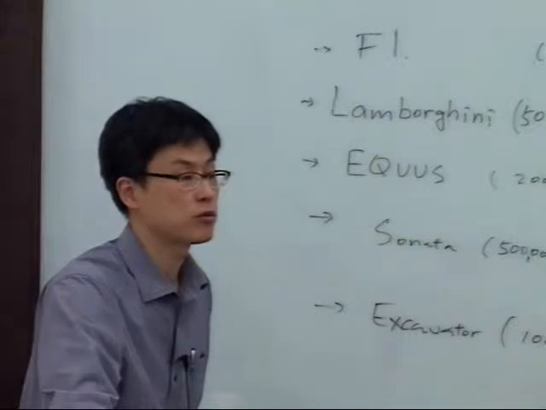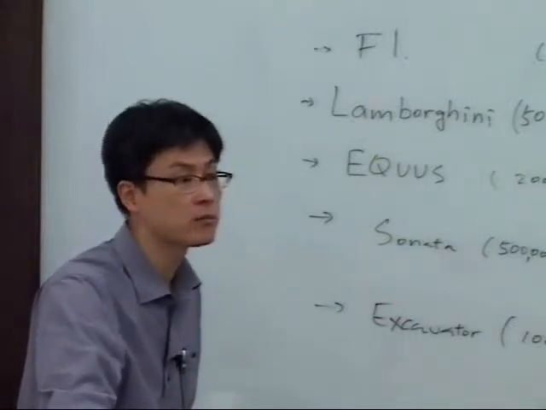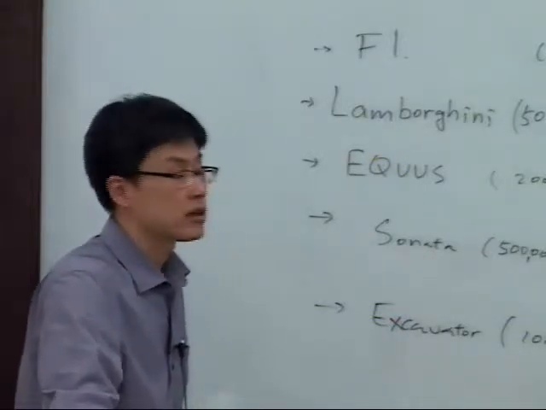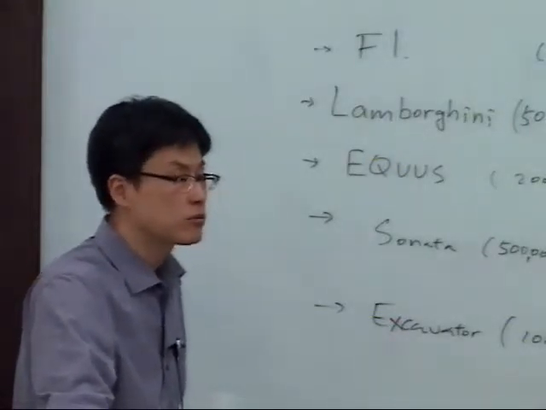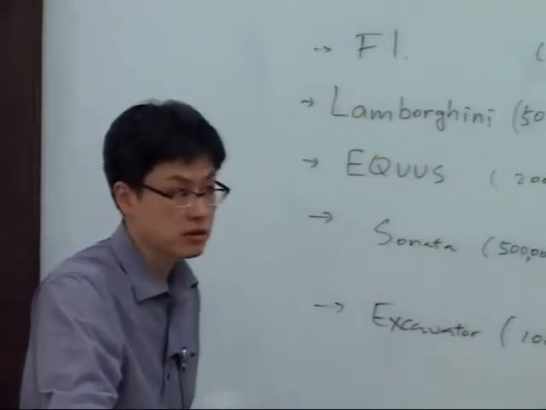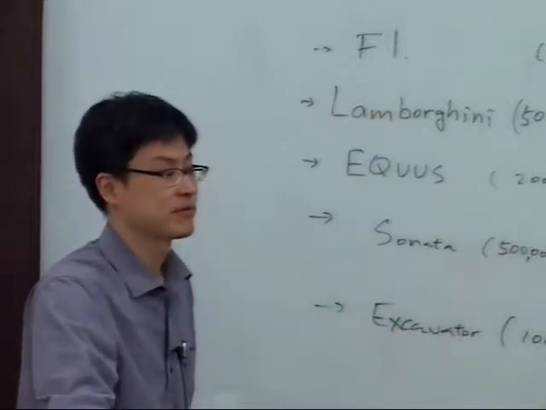To manufacture a Lamborghini, you need a decent amount of time, a couple of months or so, which means your production is sometimes overlapped with each other. Then it's a job shop.